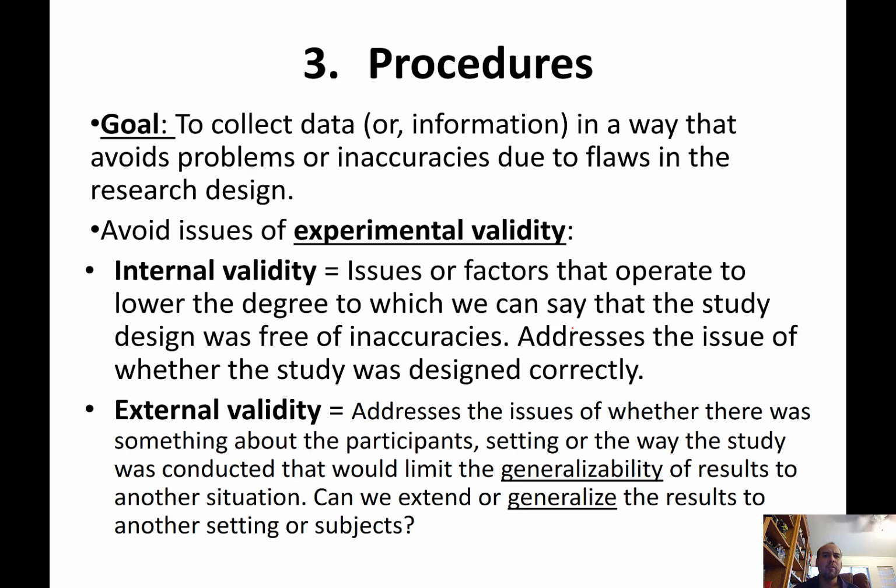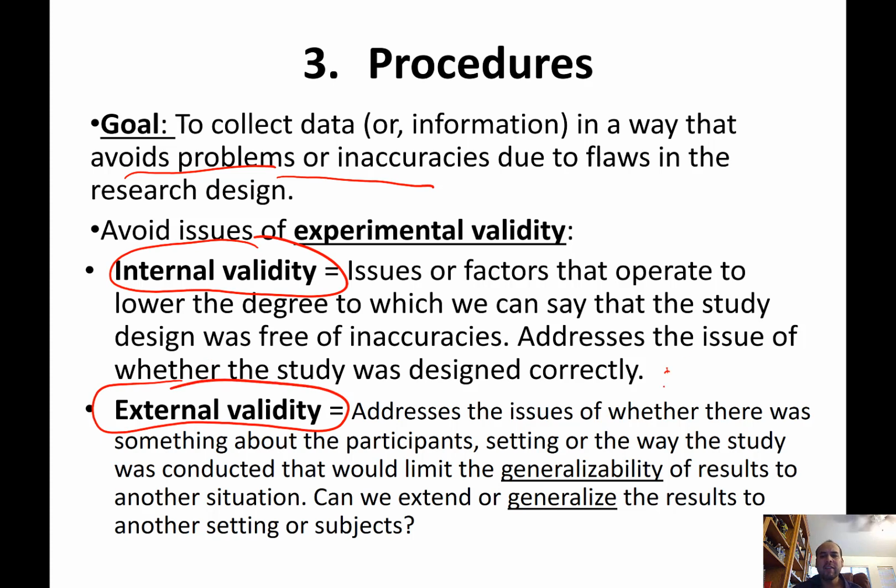So the goal of procedures is to collect data in a way that avoids problems or inaccuracies due to flaws in the research design. So it is your responsibility as a researcher to develop a research design of a sufficiently high level to avoid these problems and inaccuracies. You've got to do two things to do this. You've got to think about internal validity and external validity.